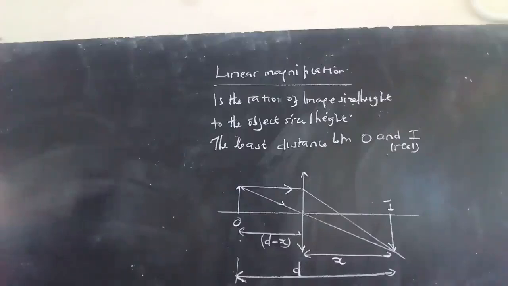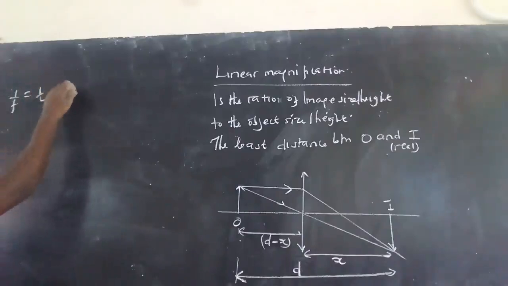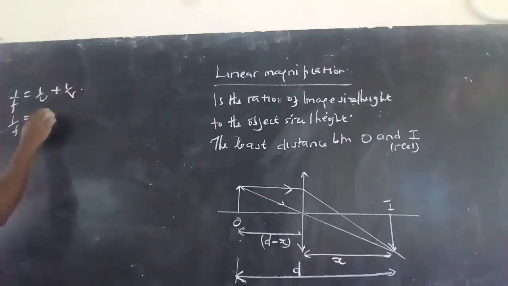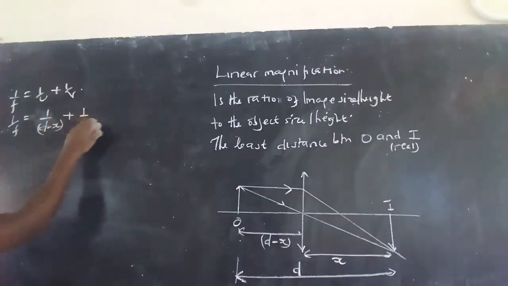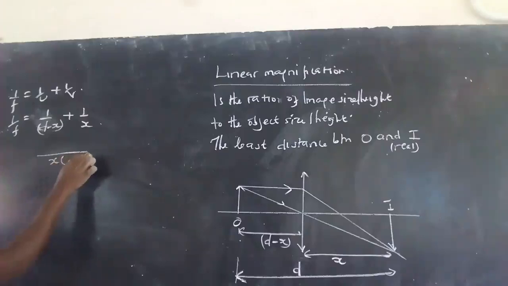Then we shall now say 1 over f equals 1 over u plus 1 over v. 1 over f is equal to 1 over d minus x, then plus 1 over x. LCM is x into d minus x.